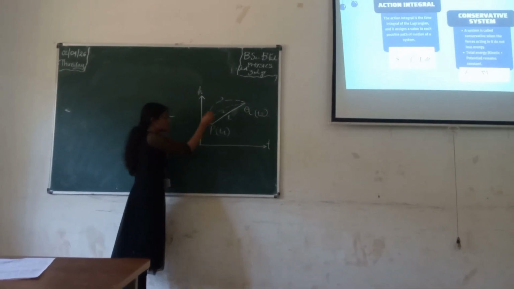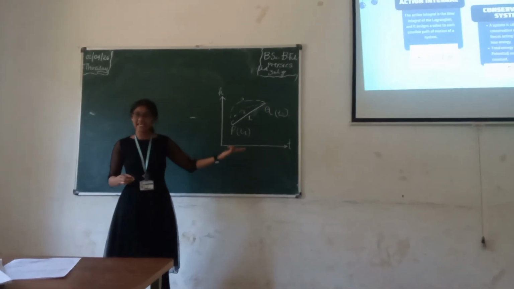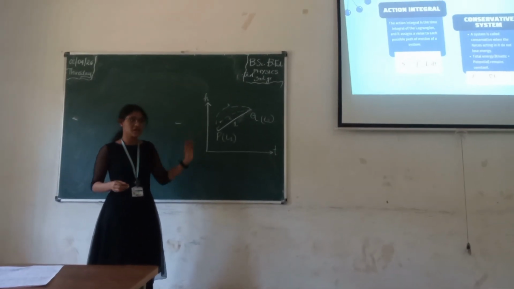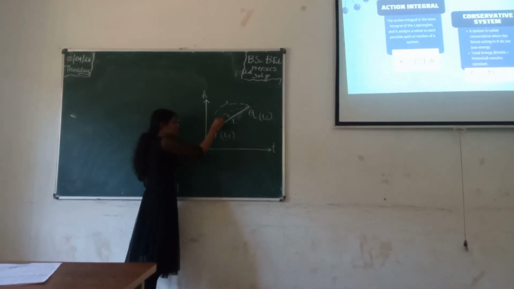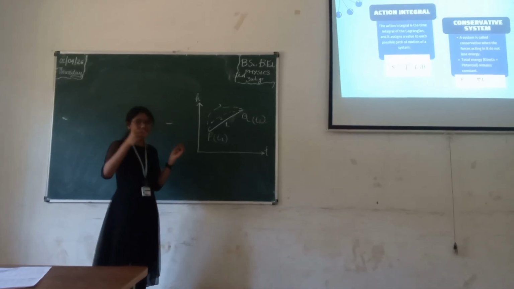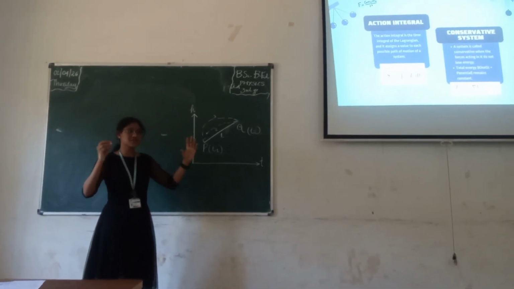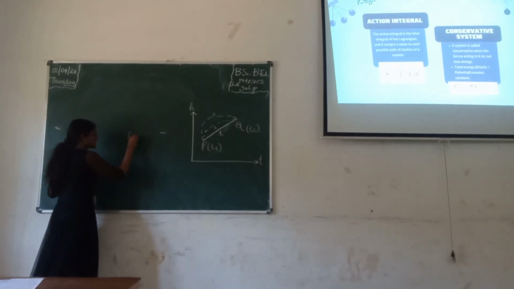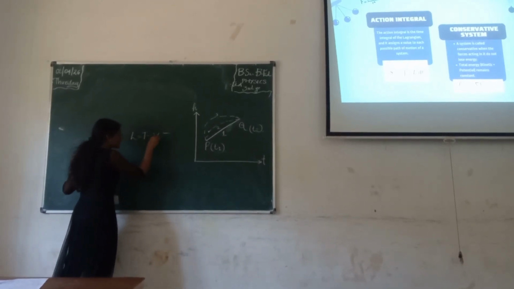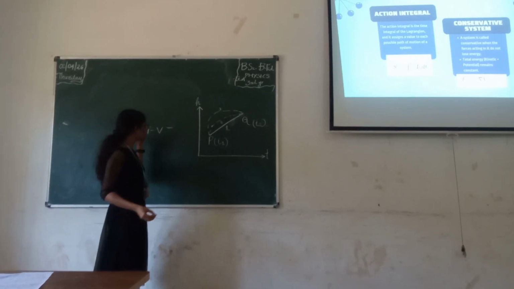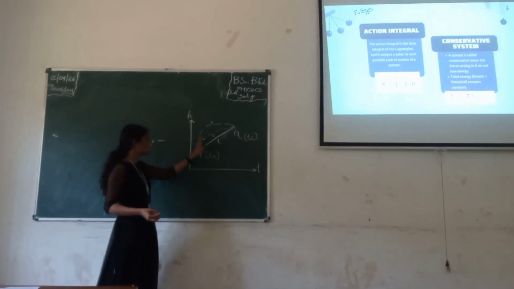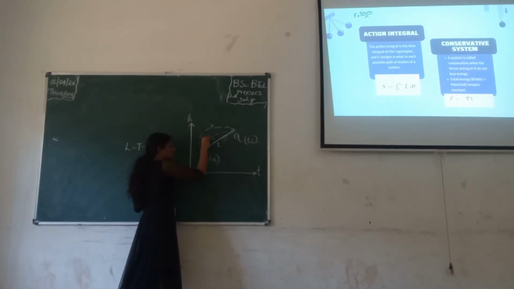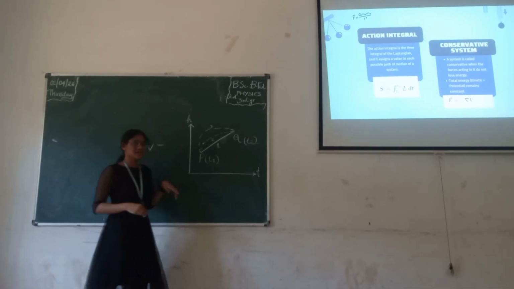Over this position, the stone possesses both kinetic energy and potential energy, so it has a corresponding Lagrangian, right? What is the Lagrangian? Kinetic energy minus potential energy. Will the Lagrangian be the same if the stone is positioned somewhere over here in the same path?